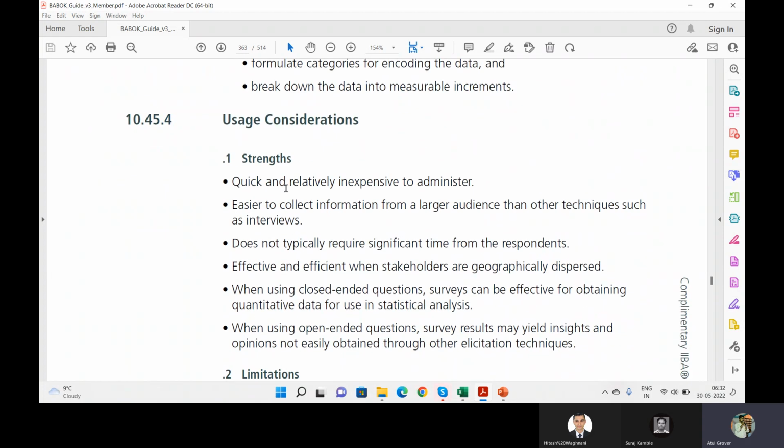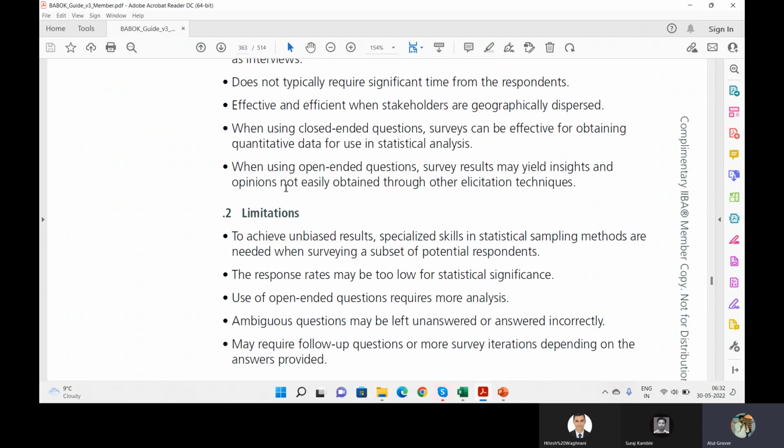Now usage is good, you get good results, but what is the limitation? You don't know in which situation, under which circumstances the user is giving the answers. Low response happens because people are not interested in sharing the information, whether it is a yes, no, or checkbox. The length of the survey questions also decreases the participation percentage.